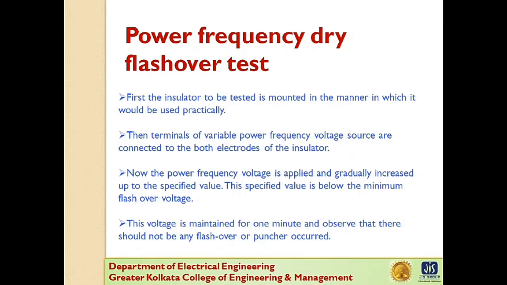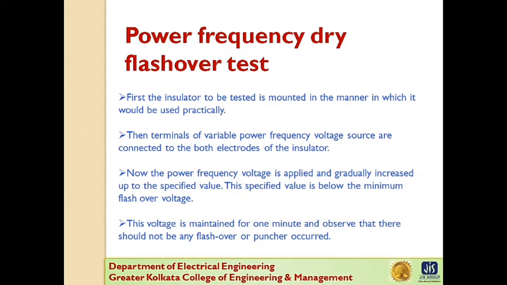The first one is the power frequency dry flashover test. The insulator to be tested is mounted in the same manner in which it is to be used. Then a variable voltage source of power frequency is connected between the electrodes of the insulator.